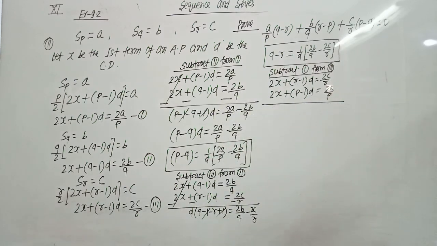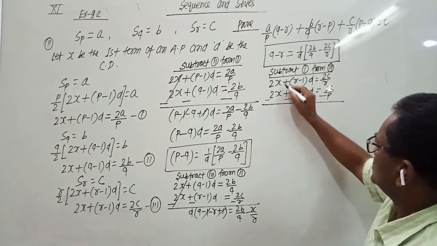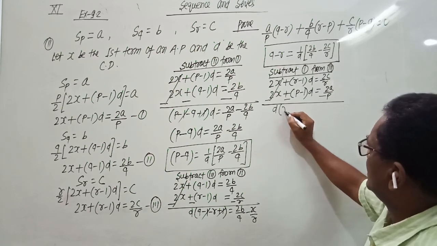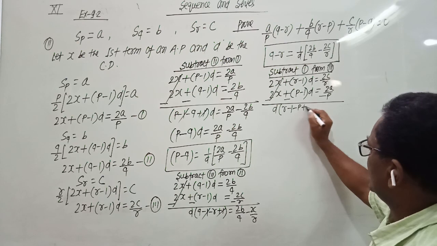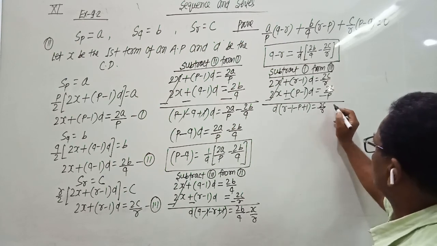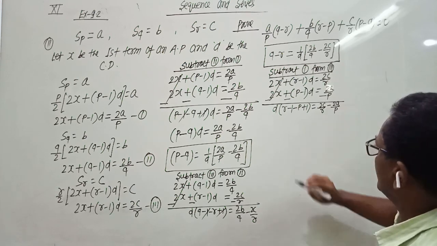Now change the sign. 2x cancels, d is taken common: (r - 1 - p + 1)d = 2C/r - 2A/p.